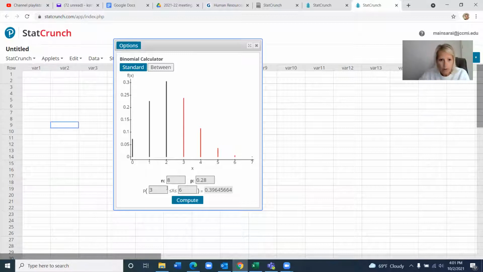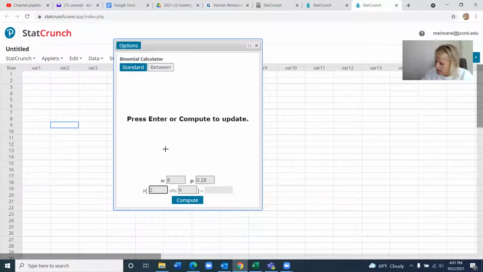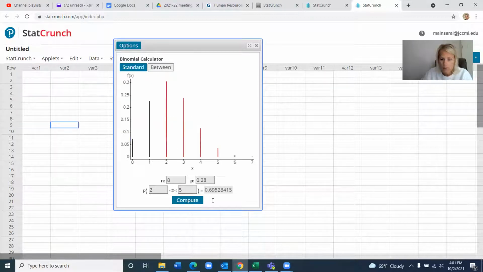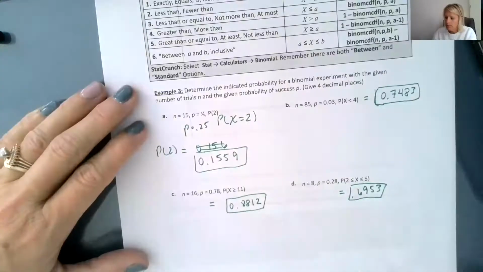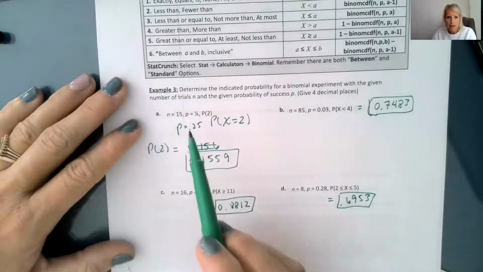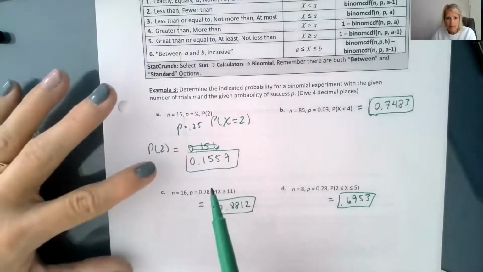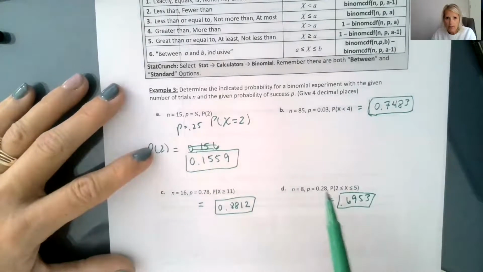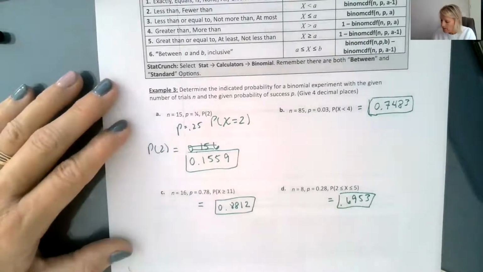So we're doing in between of 2 and 5, and that likelihood is 0.6953 rounded appropriately. I'm going to share my screen so you can see what I came up with. These were our answers for A, B, C, and D. A, B, and C were all standard in StatCrunch. This one is a between option.